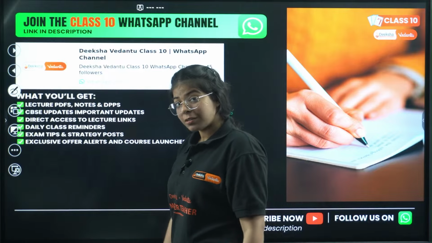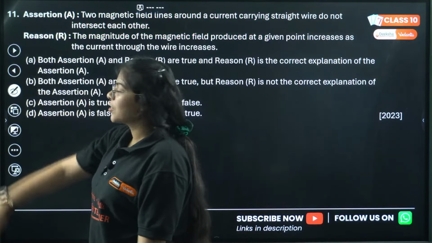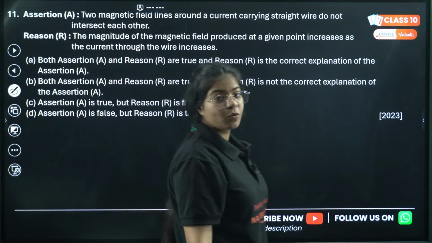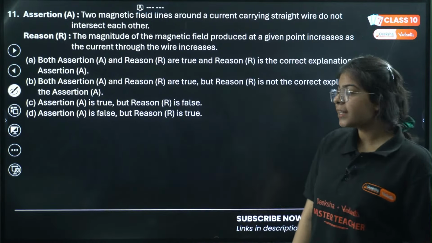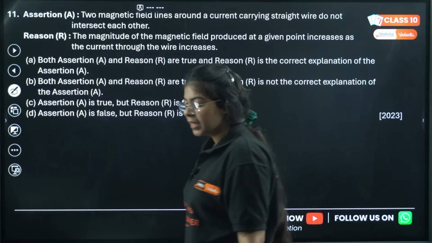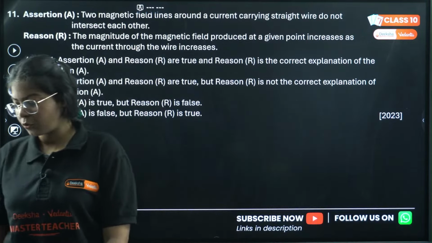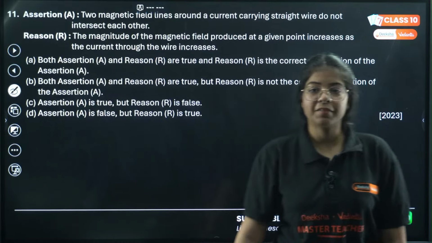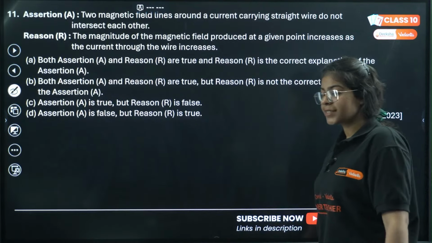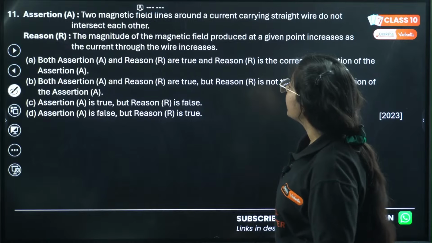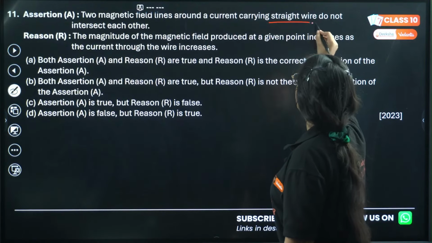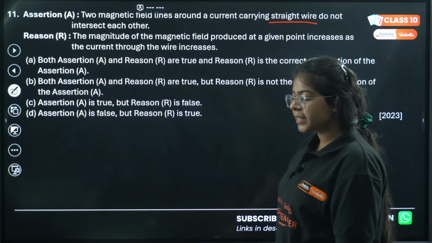Did you move on? Okay, next question is from the very first question from the chapter, magnetic effects of electric current. It's an assertion reason question. Let's read it carefully. Assertion says two magnetic field lines around a current carrying straight wire do not intersect each other.